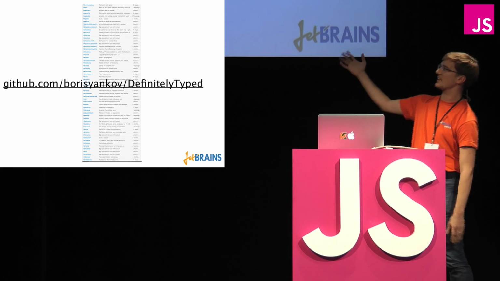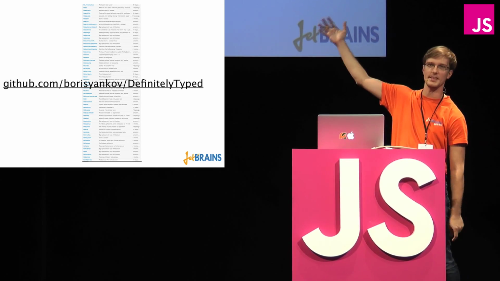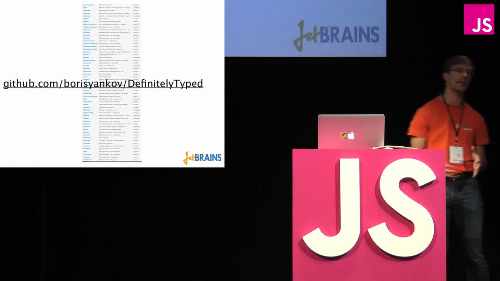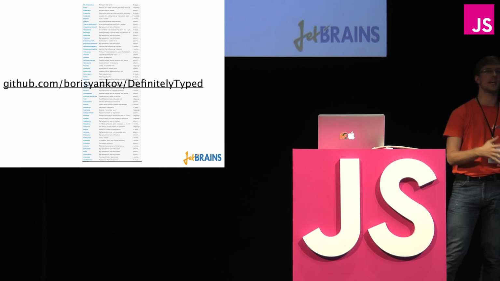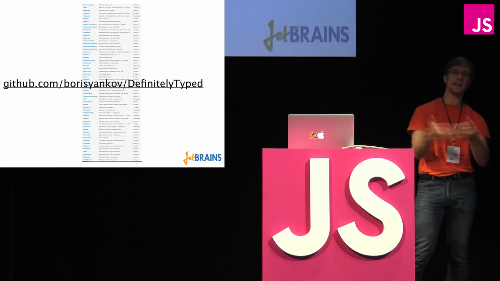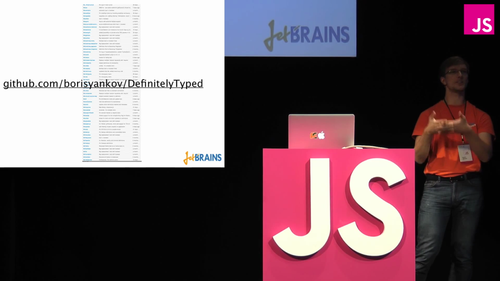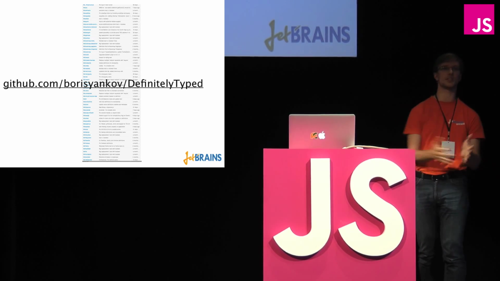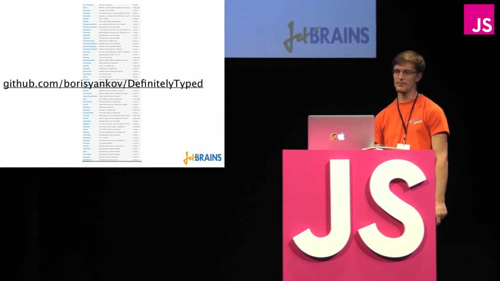And you can see they cover a huge set. This is just a partial list of the libraries that are there. And it is actually possible, when you have a good language with a good type system, to express all the types that have been used by those libraries. And so in any piece of JavaScript code, it is also possible with a good enough type system to express your intentions and your requirements.